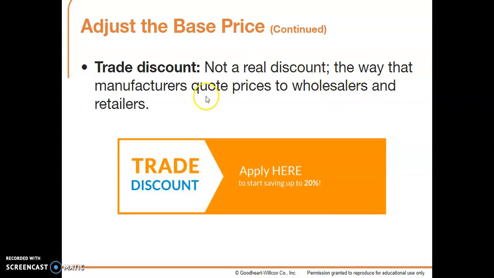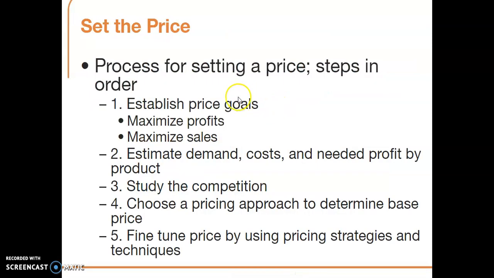It's just the way manufacturers quote prices to wholesalers and retailers. So it's like a discount off the base price that different companies are going to receive. So these would be to wholesalers and retailers, not to the customers.